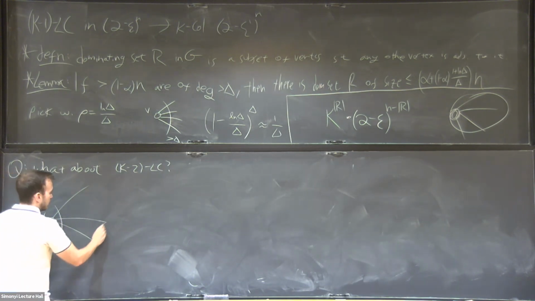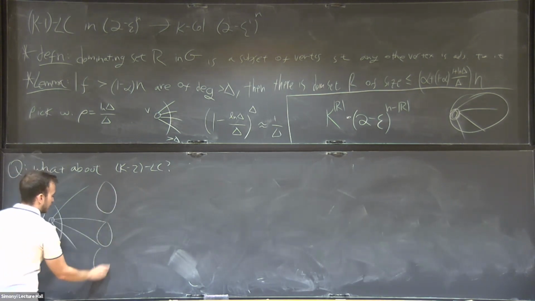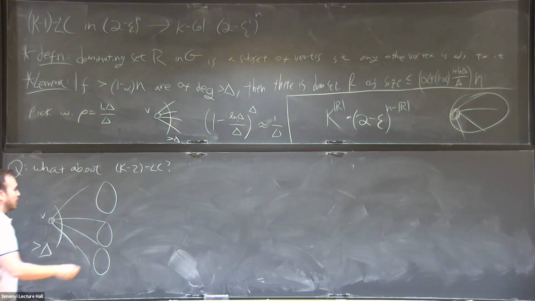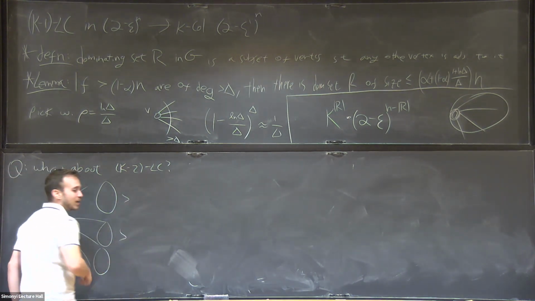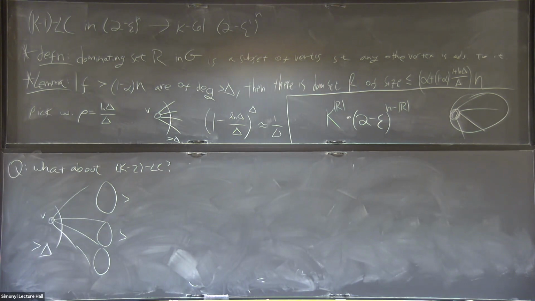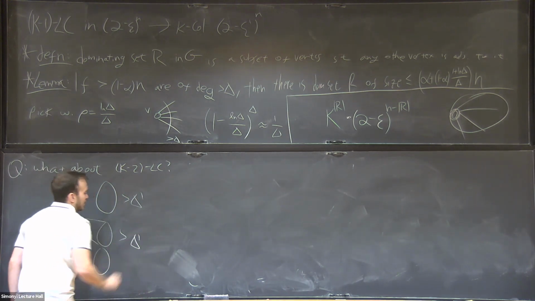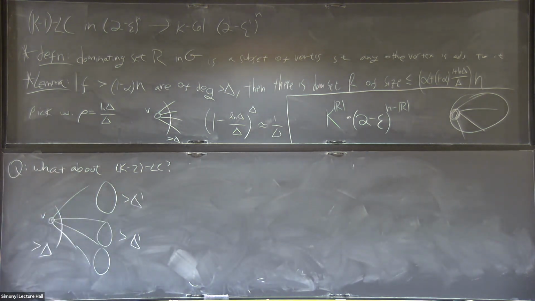If I divide the neighborhood of this vertex V into the K color classes, and there are at least 2 large color classes, then everything is going to be okay, with some footnote. The footnote is that everything is going to be okay, but I'm not going to know about it.